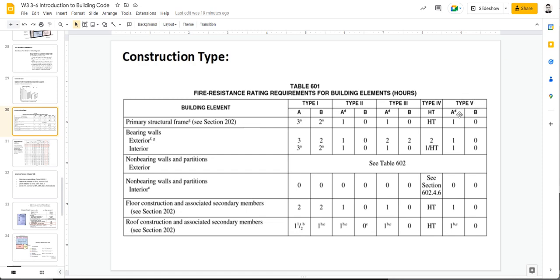You have two categories, A and B. B is exposed, which shows us that this is zero. If you are building the structure, you do not need a certain rating because it's totally combustible. When fire engulfs that place, you just have to exit and let it burn.